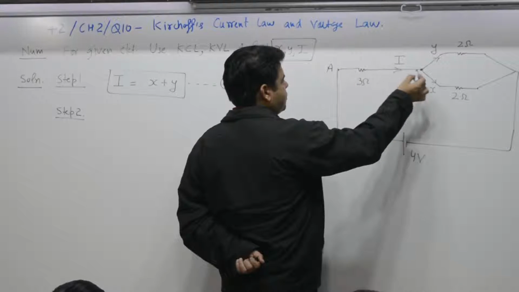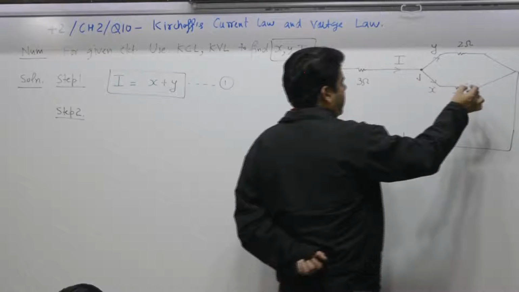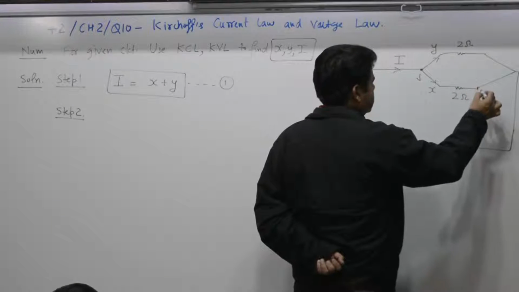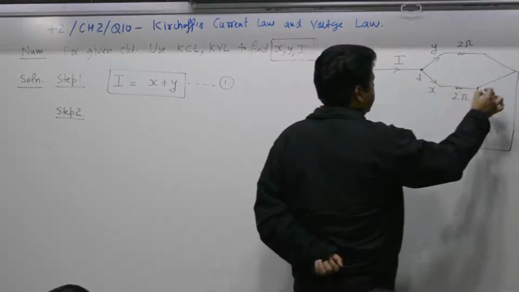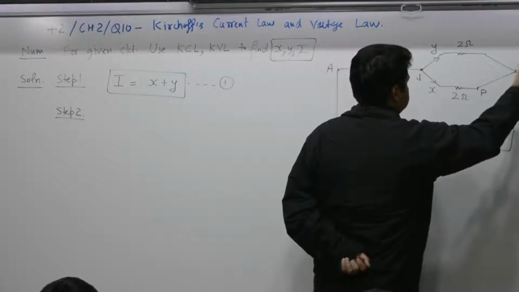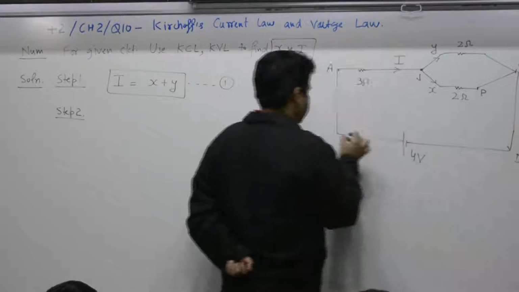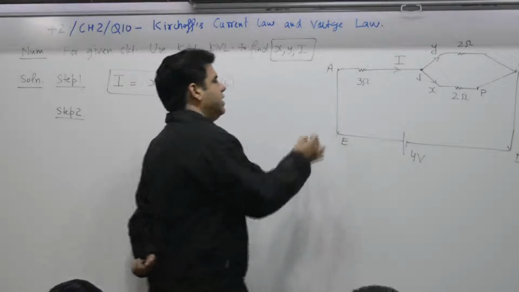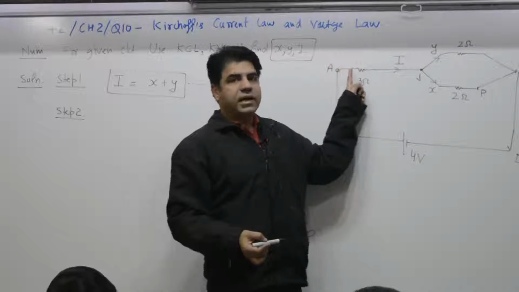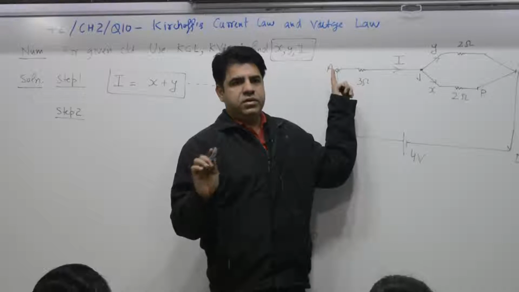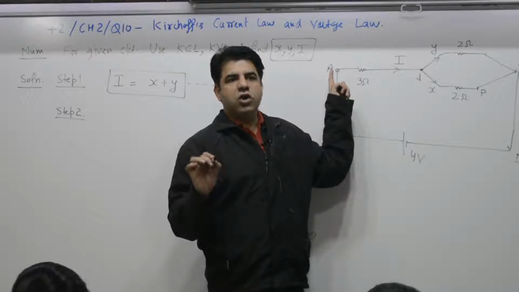Say A, this was J, this point you can keep as root. I want to give you the root: A, J, P, C, D, E, A. I want to start here, point A, and you need to come back. Trace a loop. Kirchoff voltage law.